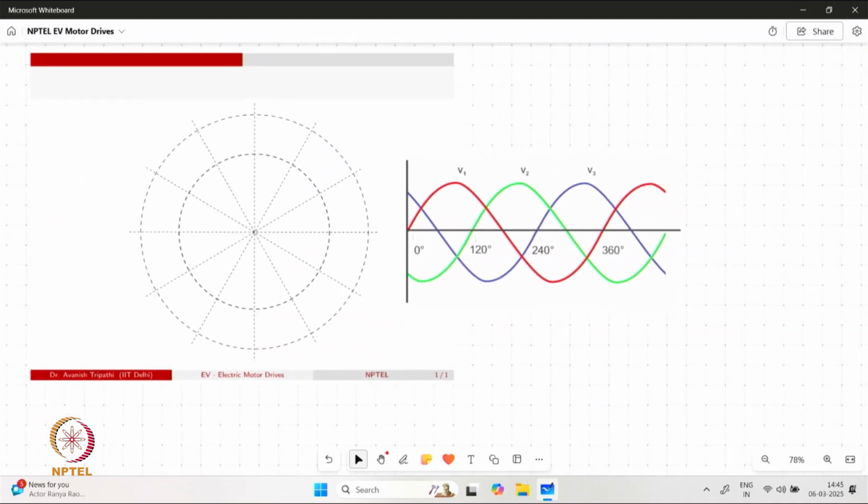So to understand how this is going to happen, I have taken the example of a three-phase system, where in particular we can take R, Y and B phase.